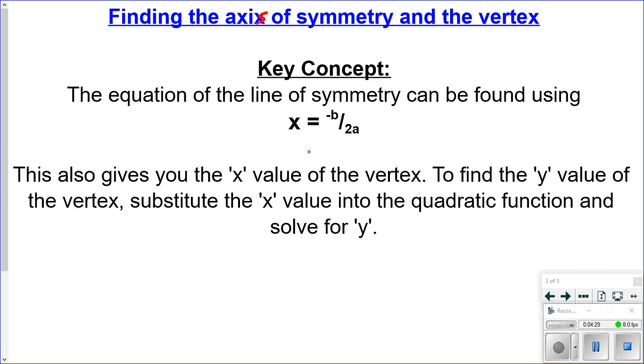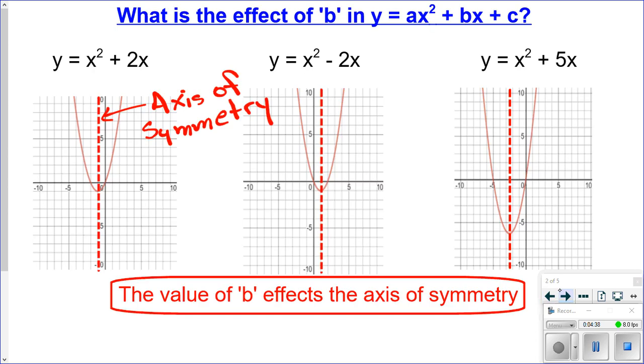Okay, this value, when you find it, also gives you the x value of the vertex. So your vertex, if we go back, I should have labeled this too. So remember that this point right here is the vertex. And the vertex is either a maximum or a minimum. In this case, the vertex is a minimum.